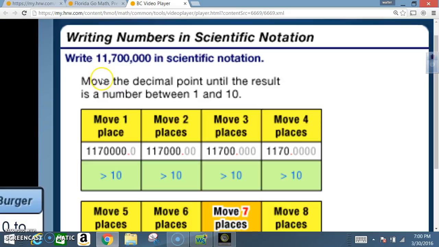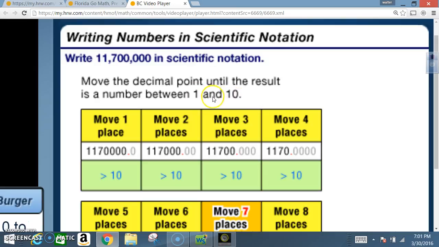Okay, let's make sure you get a graphic representation of what we're talking about when we're putting a number in scientific notation. Remember that the rule is you move the decimal point until the result is a number between 1 and 10. In other words, the number should be greater than 1, but less than 10.